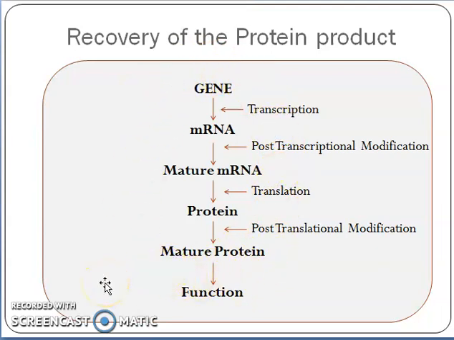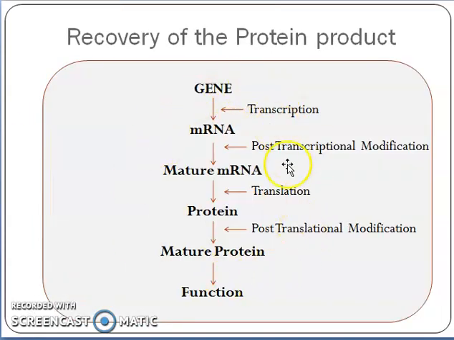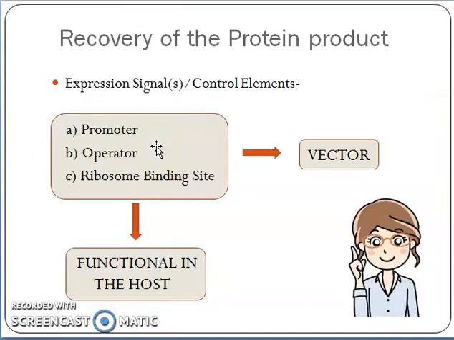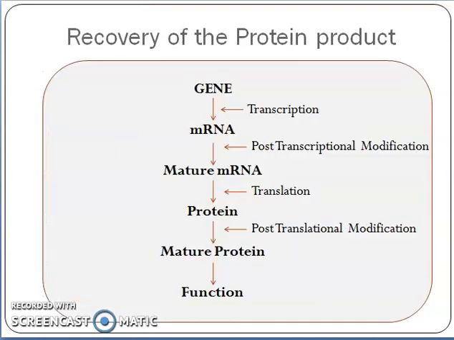One more thing should be kept in mind, that for this entire process there are three important signals, three important elements which must be present along with the gene so as to facilitate its successful expression. The very first expression signal is the promoter, the second is the operator, and the third one is the ribosome binding site. The promoter is a region which is necessary for initiation of the process of transcription.